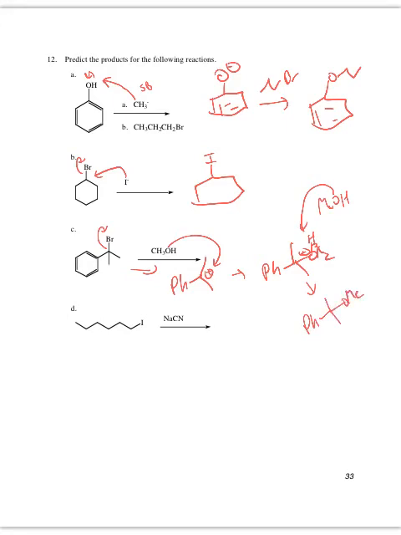And then the last one, remember this sodium does nothing, so the cyanide can come in and do an SN2 on the iodide, and we get the compound with the cyanide on there.